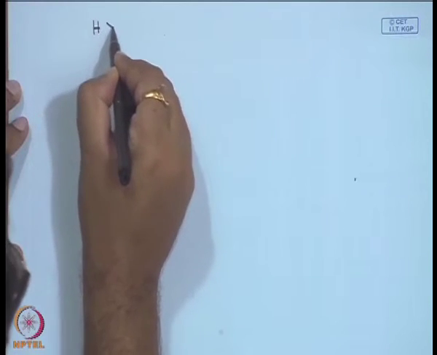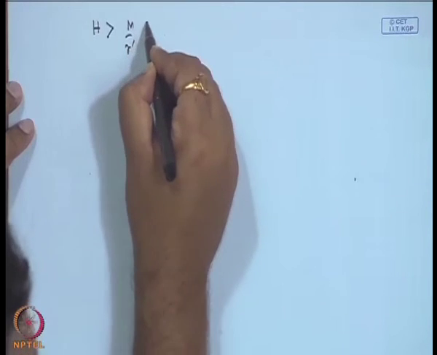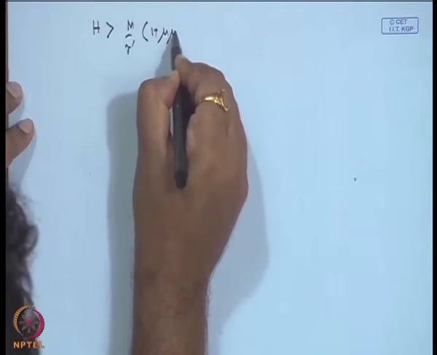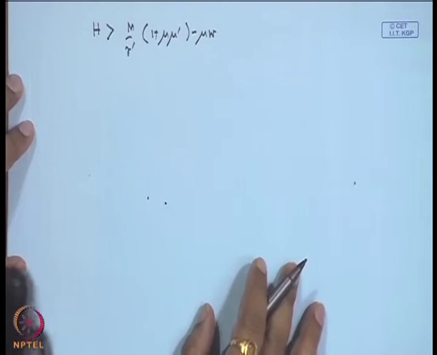Once we calculate the moment of inertia I, then we have to conduct several checks. The first check is whether H is greater than m by r dash 1 plus mu dash minus mu w or not.